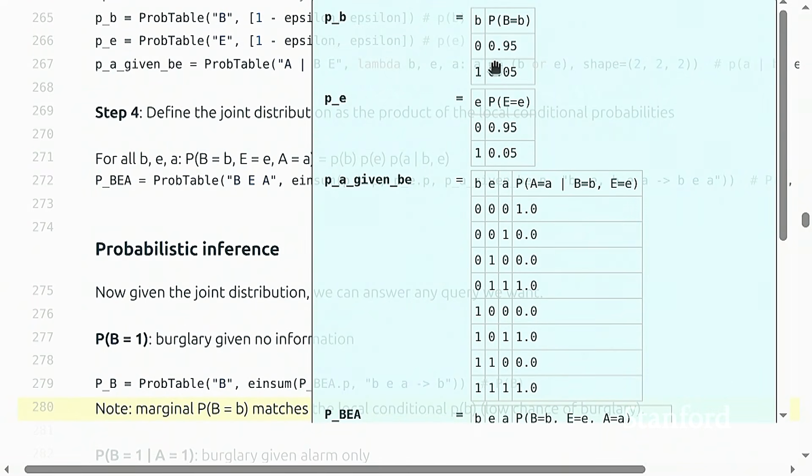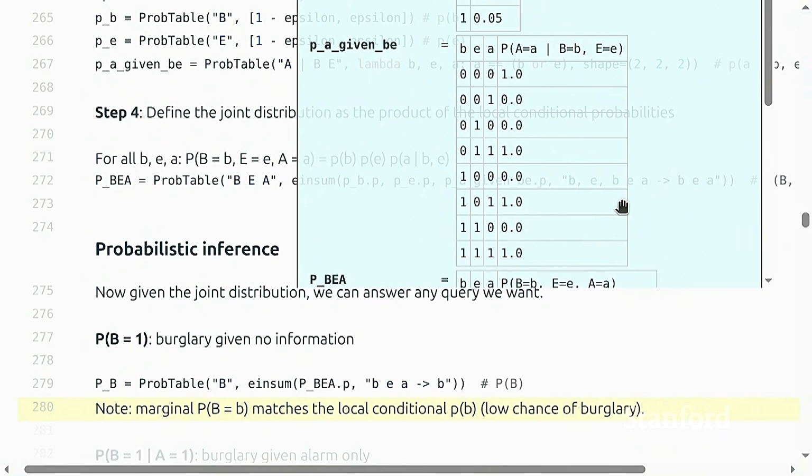I want to take this opportunity to point out that I'm explicitly differentiating between the local conditional distributions, for which I'm using a lowercase p, and the marginal distributions, for which I use an uppercase P. The way to think about this is that local conditional distributions are just defined.